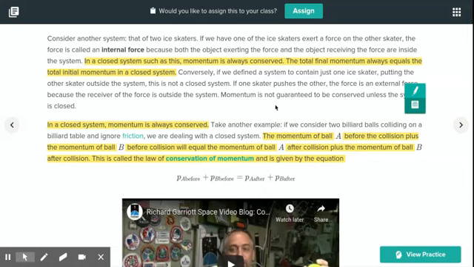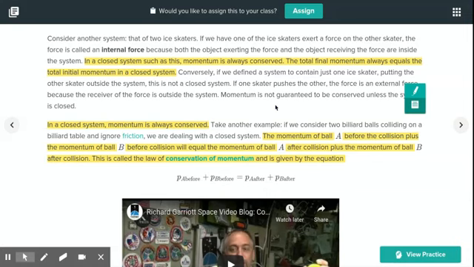There's another example. If we consider two billiard balls colliding on a billiard table and ignore friction. Okay, so friction is not in that system. So we only consider the force and the momentum here, right? So those two balls are together in a closed system.